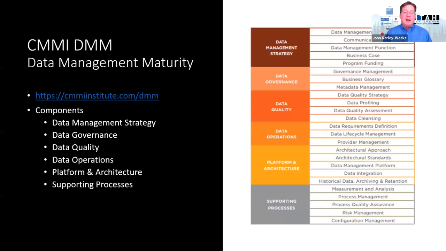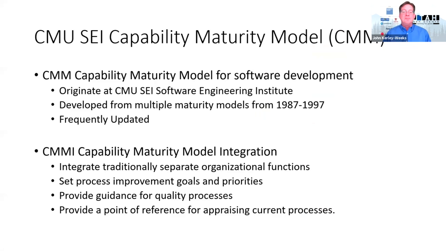So the CMMI DMM component, we've seen this slide before, that's breaking down 6 components into 25 subcategories. And it launched as part of the SEI, the Carnegie Mellon's Software Engineering Institute, which was responsible for launching the capability maturity model used in software development.